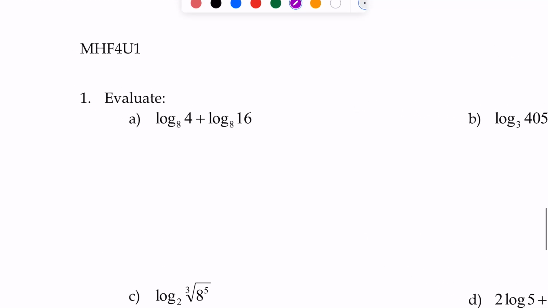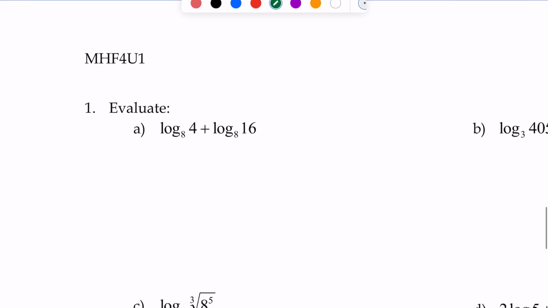So in the first one here, I'm asking you to evaluate. So I want a final answer. Like tell me, if you were to put on your calculator log 8 of the 4 here plus log 8 16, what do you get? But we're going to use our laws to simplify.